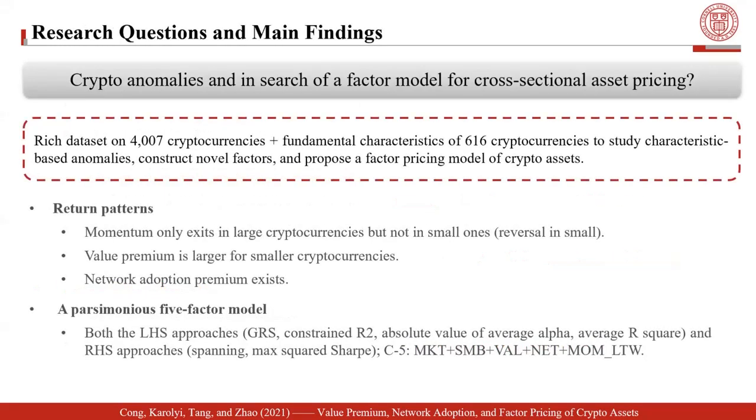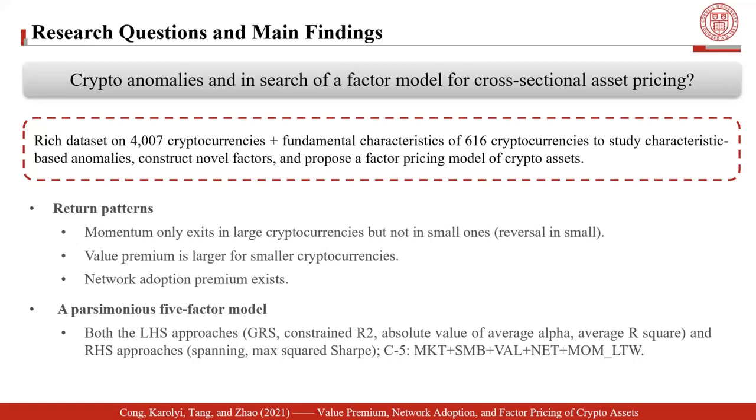So the first part of the paper is, to some extent, methodology-wise, not very innovative, but it's a necessary step. We want to look at what type of anomalies there are associated with cryptocurrencies. To do that, we build a rich data set. We start with over 8,000 cryptocurrencies, but after various filters, we get it down to about 4,000.